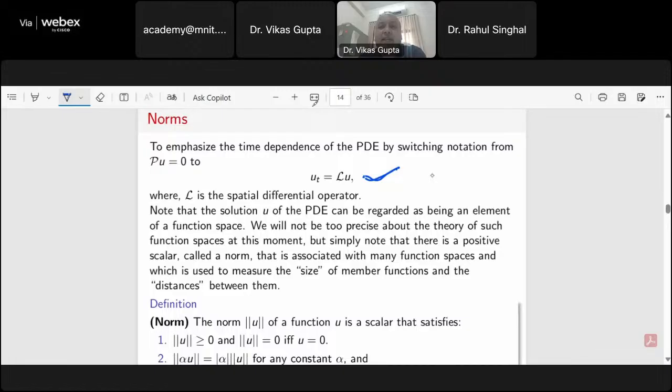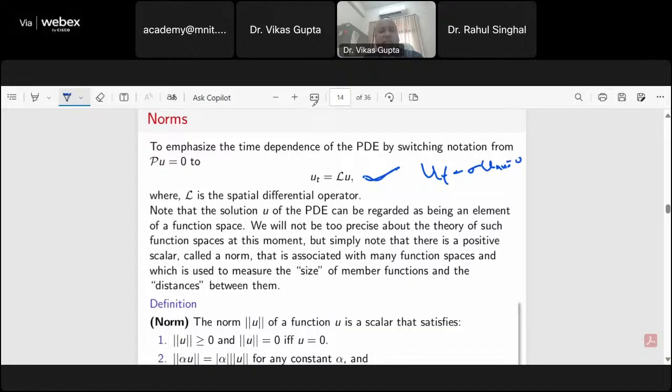That is, in our case, we have the heat conduction equation ut minus sigma uxx equal to 0. So in our case, Lu equal to sigma uxx. Am I right?